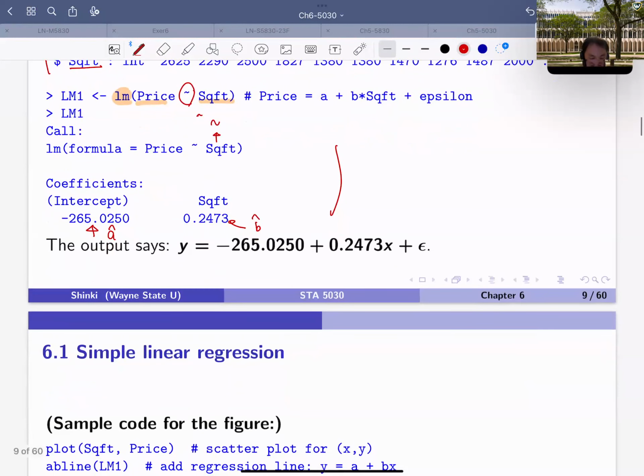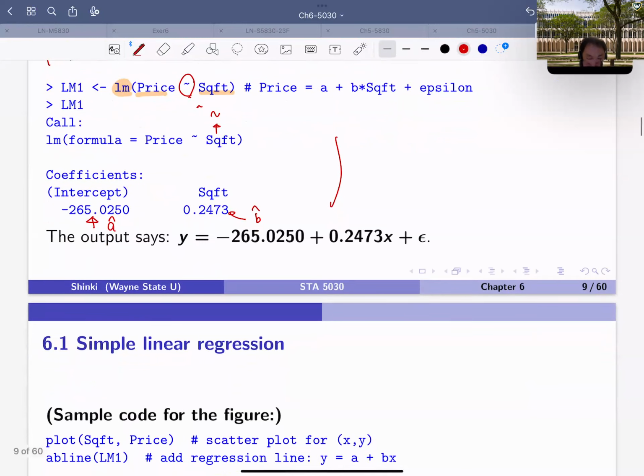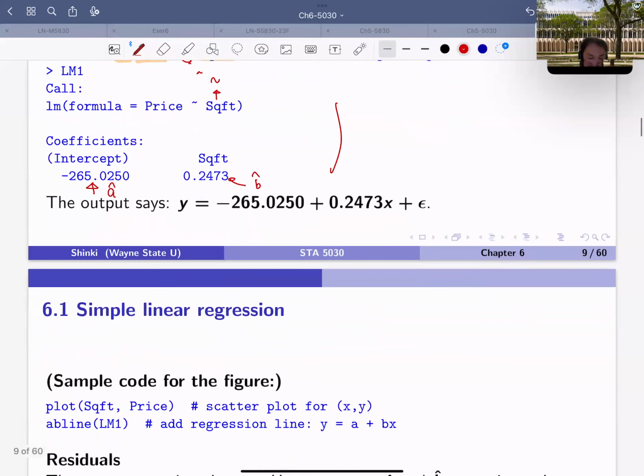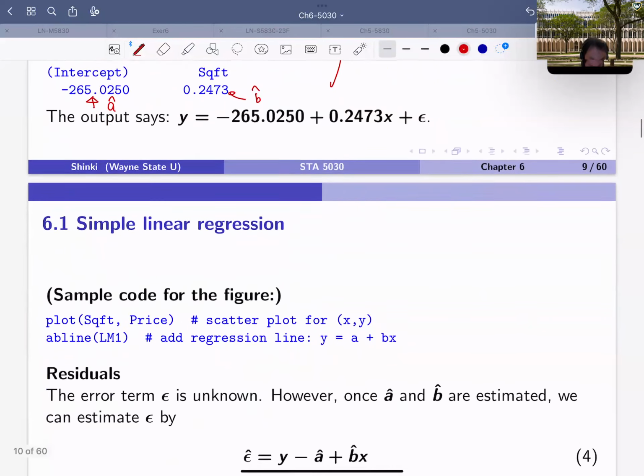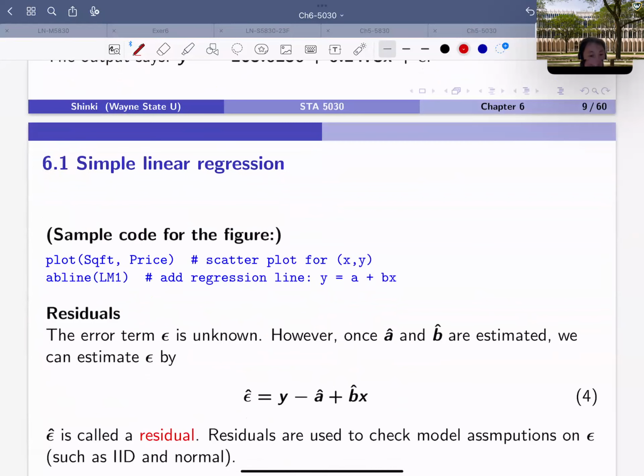So if you cut and paste this, you probably get an error. So you have to replace this tilde with the other tilde. So it's confusing. The tilde is at the upper left of the keyboard, so shift plus the upper left key.